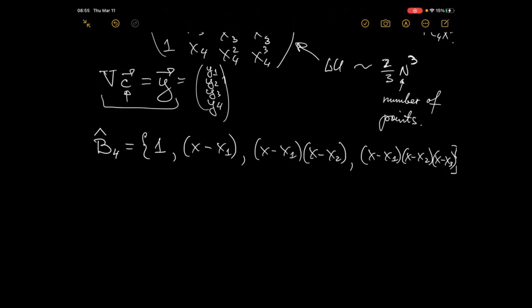You see, it's once again 4 vectors, 1, 2, 3, 4. By vector here, I mean an element of a vector space, or you can say that these are 4 basis functions, right?